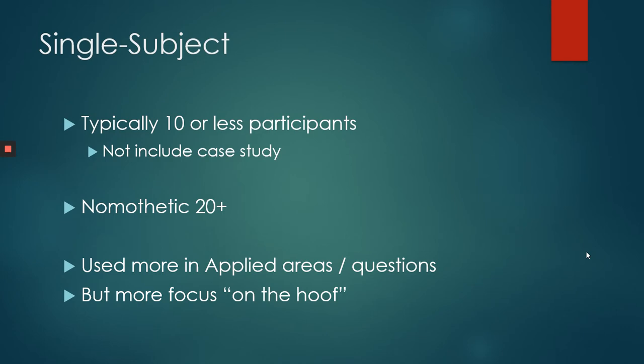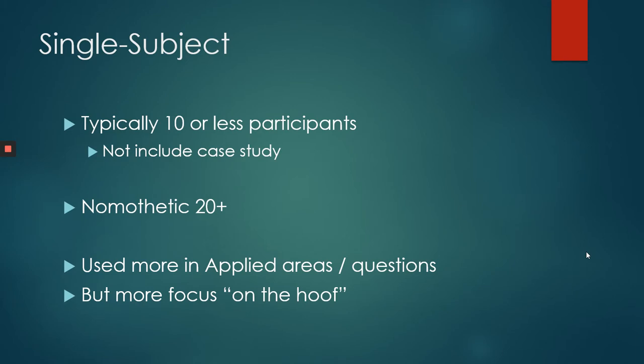Single subject designs typically have 10 or fewer people in your study. With nomothetic research, we typically have 20 or more, because we want the power and the sample sizes to do our analyses.